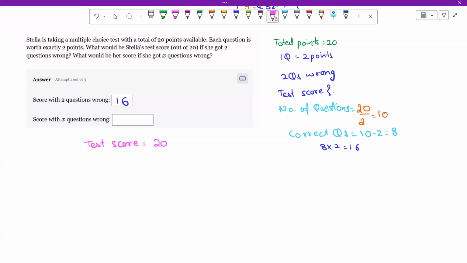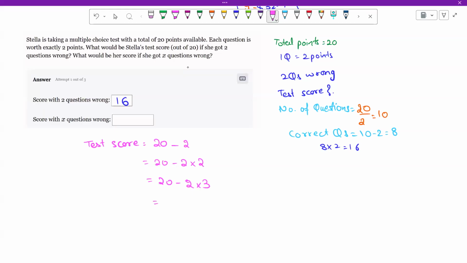If there is one question wrong, we will remove 2 points. If there are 2 questions wrong, then we will remove 2 times 2. 3 questions wrong, then we will remove 2 times 3, right? 6 we will remove.